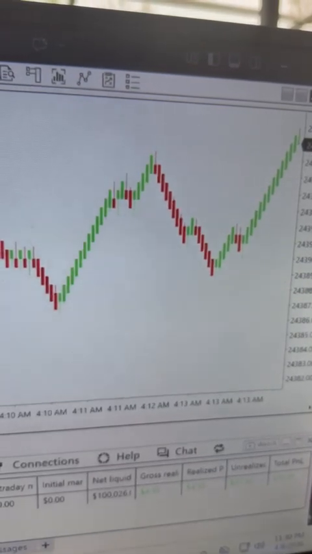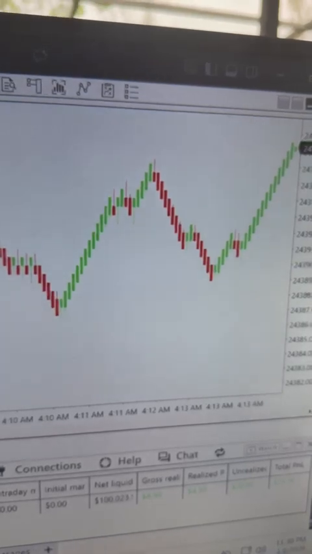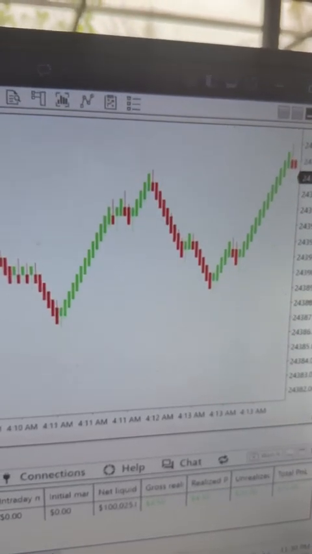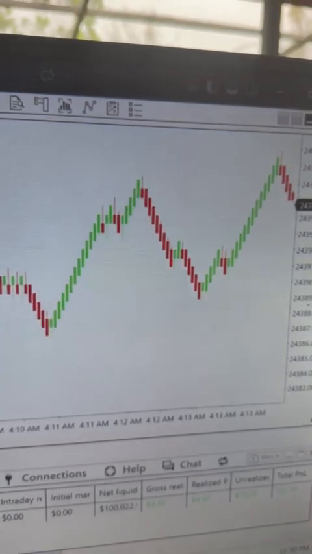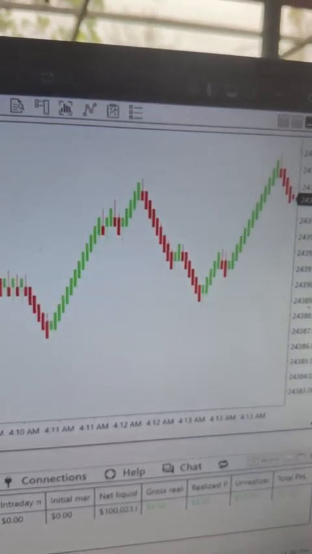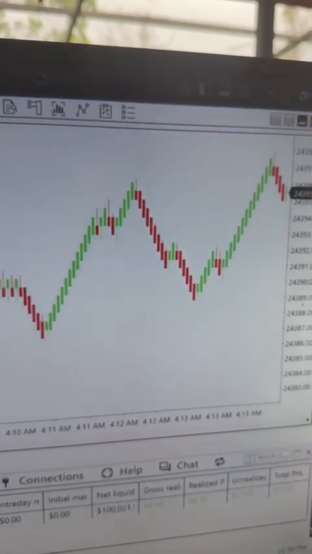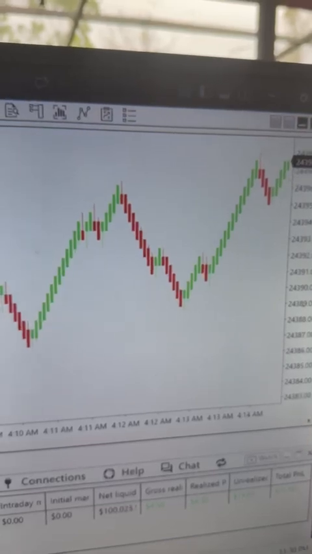All right, now it's forcing the resistance area that's shown in the other chart. Some profit realization, I'm not too worried about that. Okay, one more try. Let's see what happens.